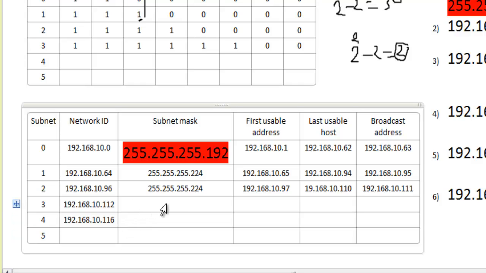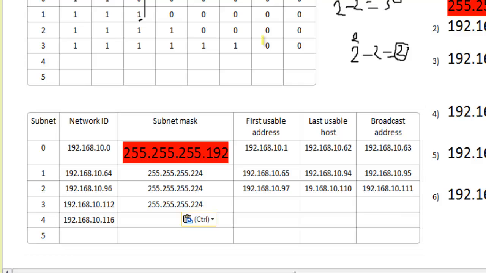Okay, so now for the first one here, what is the subnet mask? It would be 255.255.255 dot what? It should be this plus this plus this plus this plus this.